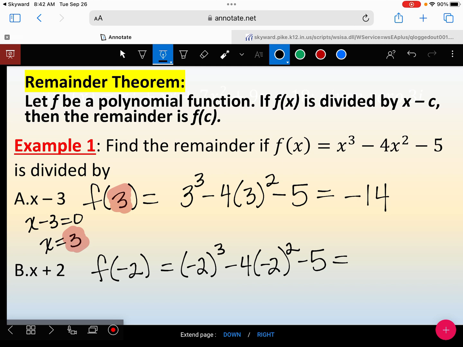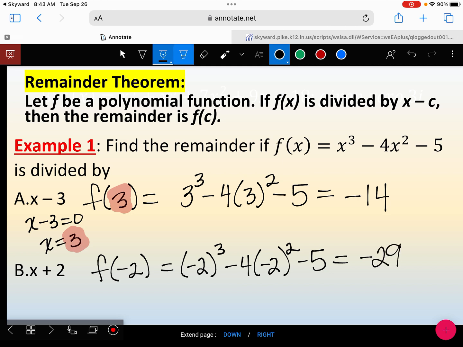Is it negative 30? Negative 20. I was close. Who got negative 29? So that's the remainder.